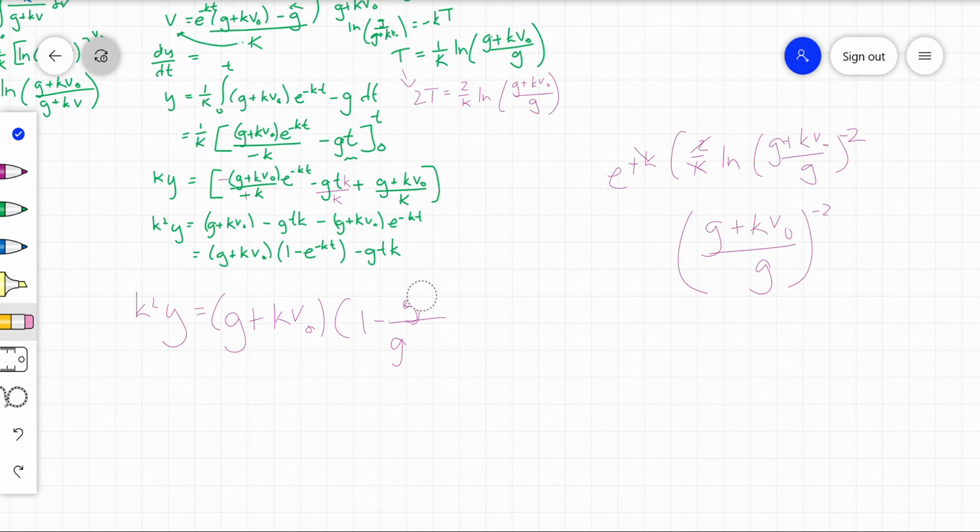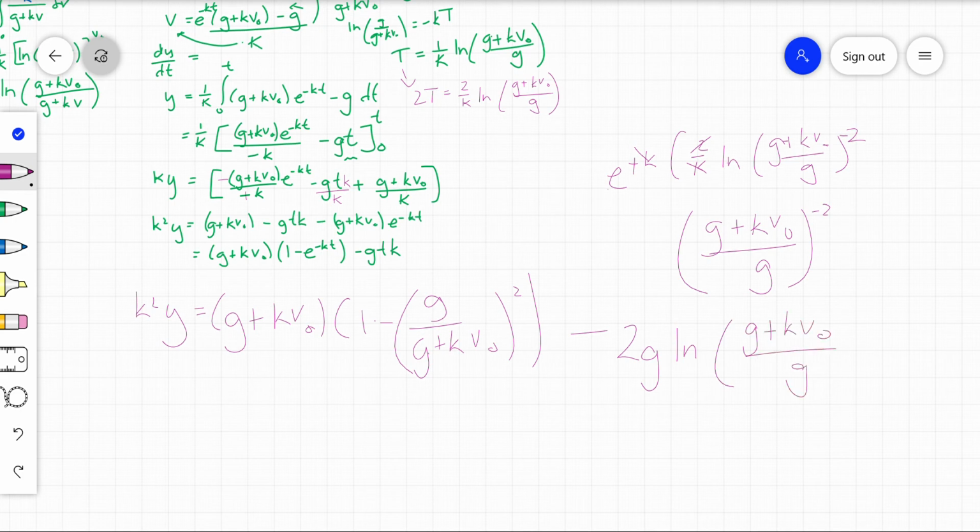So here I've got minus g on (g + kv0) squared, and then minus gk times that time would be minus 2g log (g + kv0) on g, using this for my time.